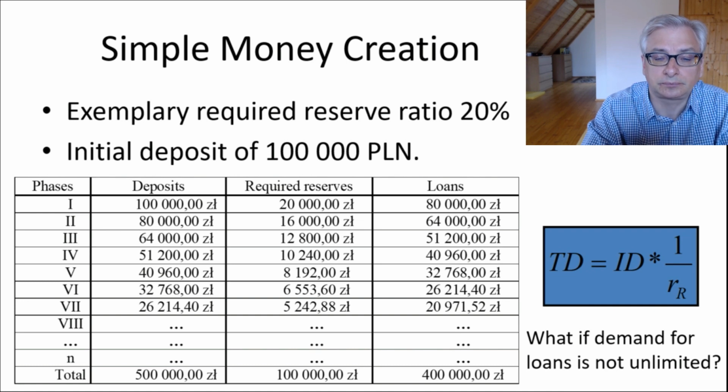So the money multiplier informs you about the maximum possibilities for money creation, not actual money creation, because this actual money creation would depend on to what extent people want to take loans. Each loan taken allows to create next deposit. So this is how money is created.